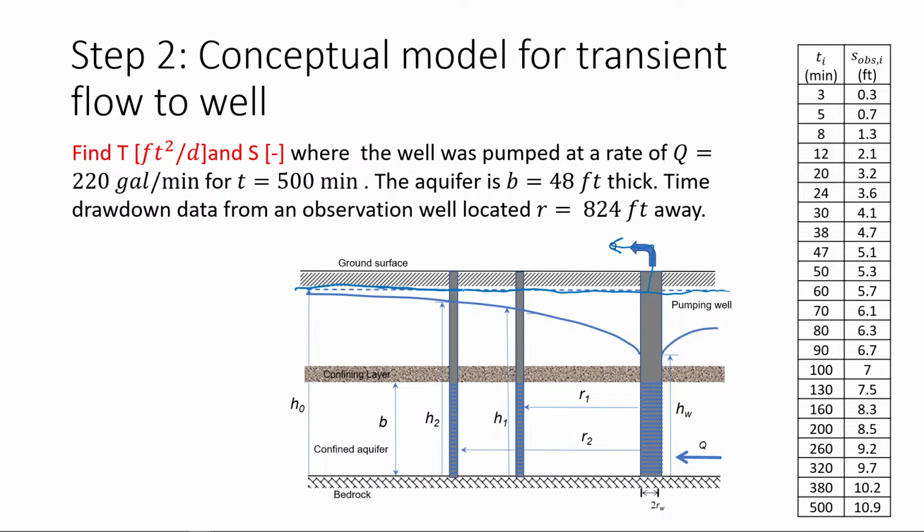So after some time, it would look something like this, and after more time it would look like this. This is my initial head. After a very short time you will find a decline like this. And that's basically what we are measuring here.